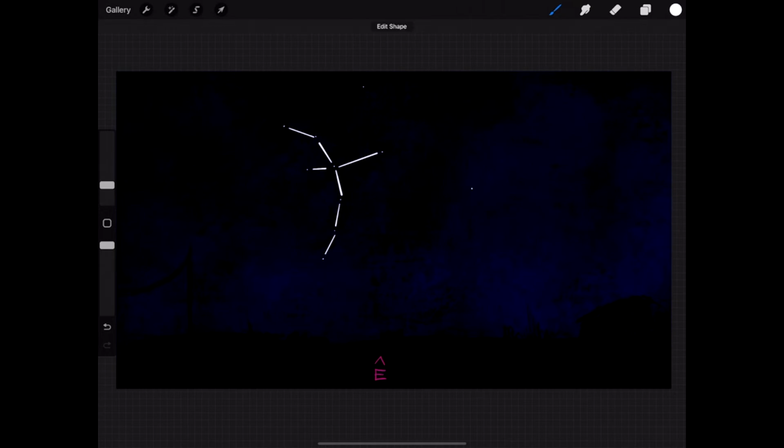Okay, this is a fairly rough drawing of a constellation called Cygnus the Swan. All right, Cygnus the Swan. Now this is one of the 88 constellations. So this is Cygnus. Cygnus, the Swan.